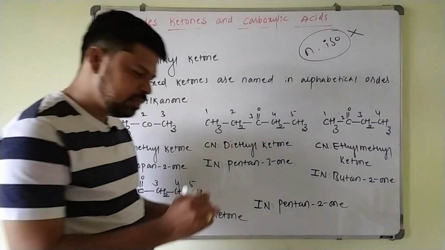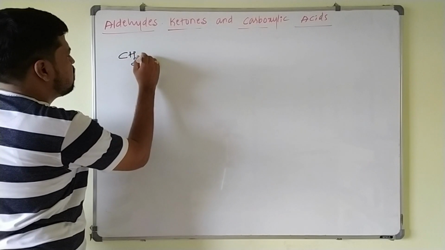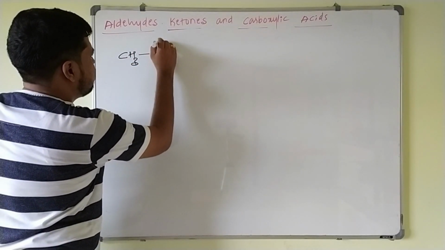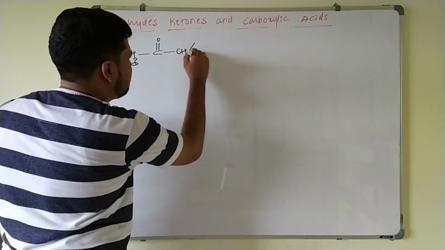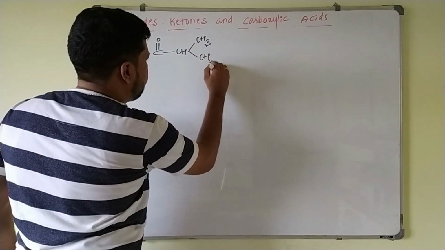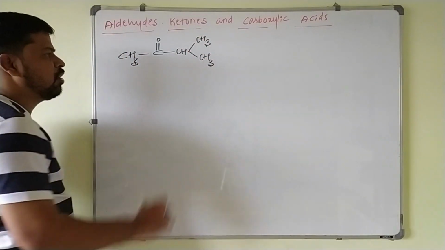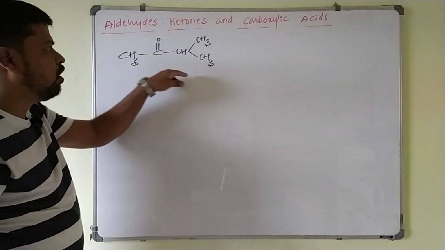Next example. CH3, C double bond O, and this will be CH, which is attached to a methyl group. Already we know that one carbon atom which is connected to two methyl groups, one hydrogen, and the rest straight chain, is called an iso group.